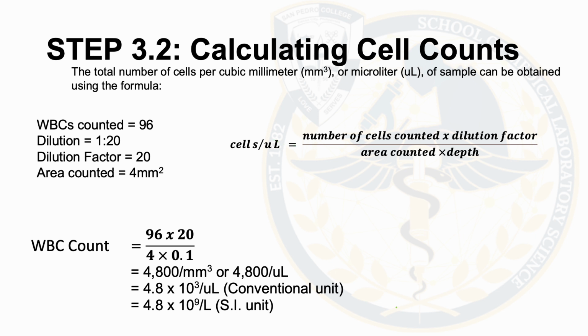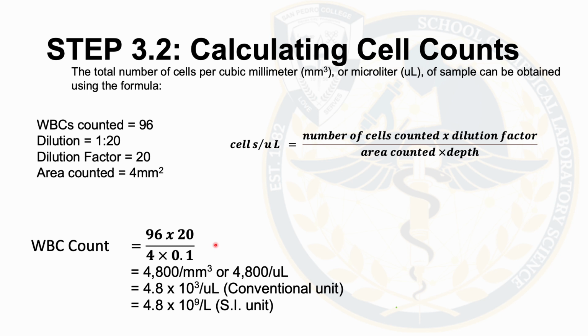Again, what you did here is that 96 is the number of cells you counted. Remember, get the average of the 2 counting chambers. It cannot be just one counting chamber. So, 96 multiplied by the dilution factor, which is 20, divided by the total area counted, which is 4, and then your 0.1, which is your depth factor.